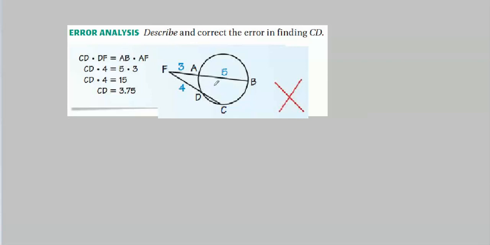No, remember it was written like this. FA times the whole thing, that's the outside part, times the entire thing, not just the inside part. That's the difference between the secant segments theorem and the ordinary segments inside a circle theorem.